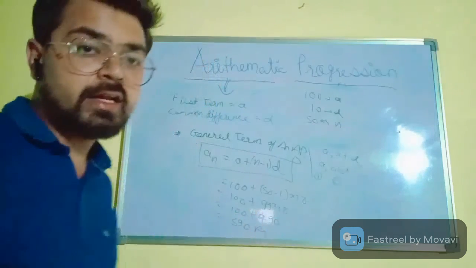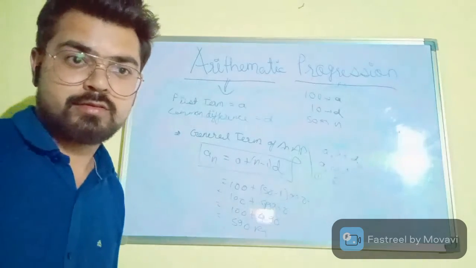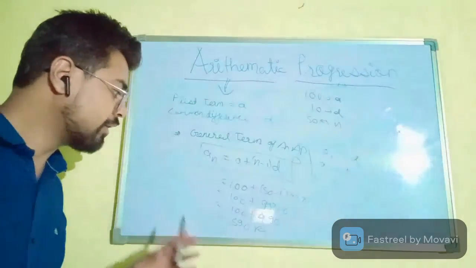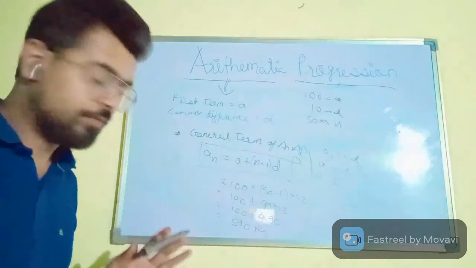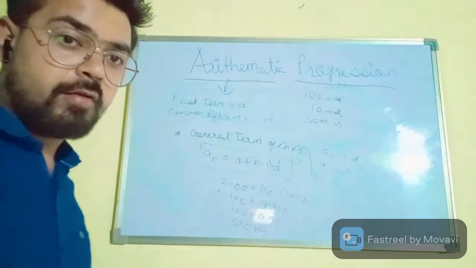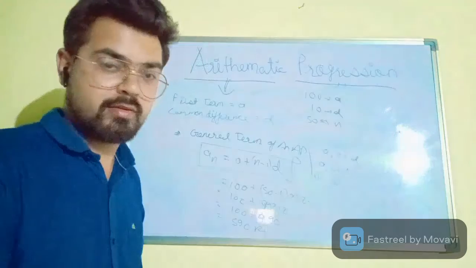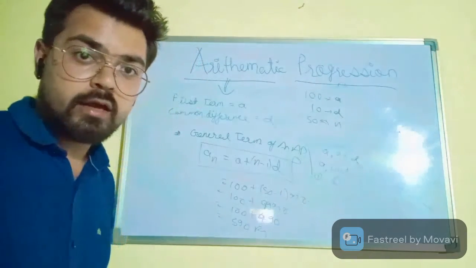So on the 50th day, we have to save 590 rupees. It becomes very interesting now. You can get the money you have to save on the 50th day directly with a formula. This formula makes you very comfortable to solve any arithmetic progression.